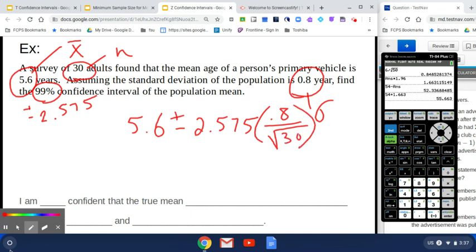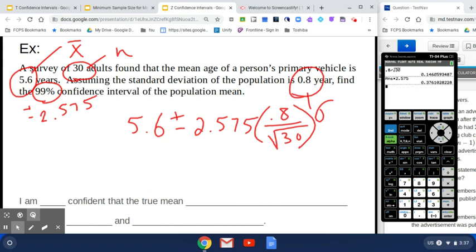Okay, let's go ahead and calculate this on the calculator. I'm going to do the standard deviation divided by the square root of the sample size first, 0.8 divided by the square root of 30, then multiply that by the critical value, 2.575.